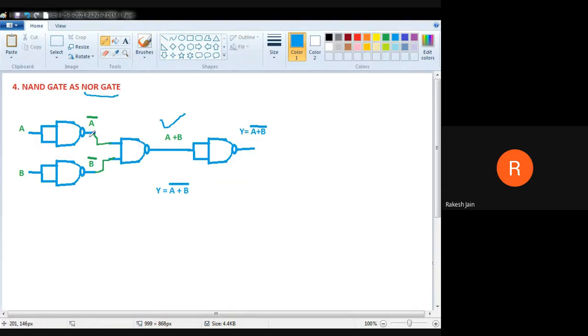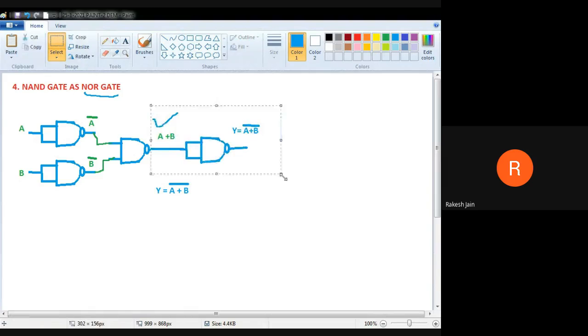With the help of these 4 NAND gates, we build a circuitry such that the final output will be y is equal to A plus B whole bar, which is actually the equation of NOR gate. So we can say this is the representation of a NAND gate as a NOR gate.